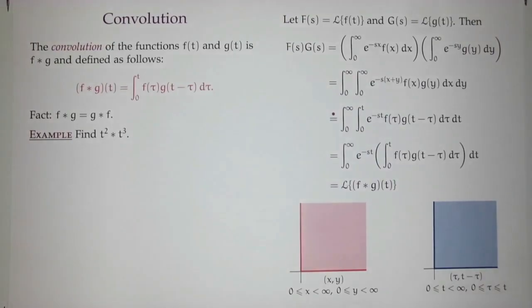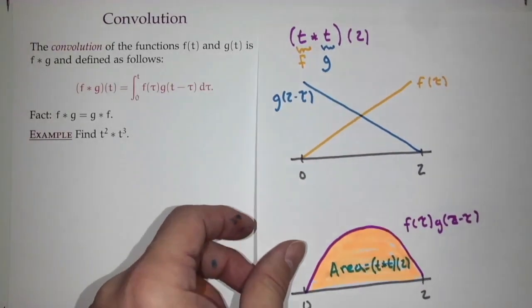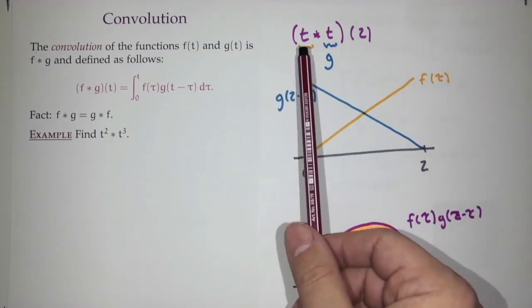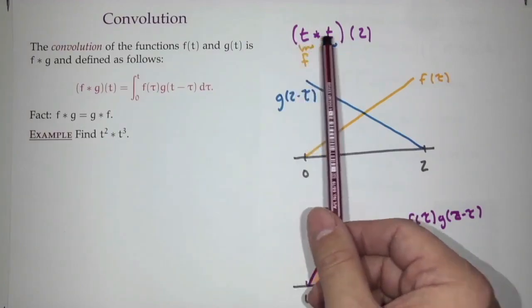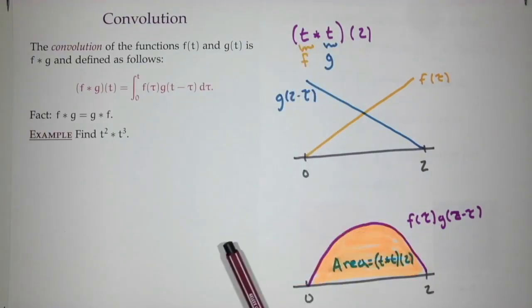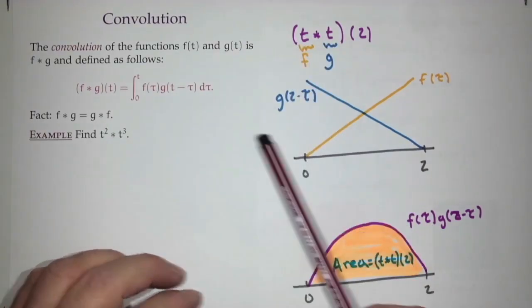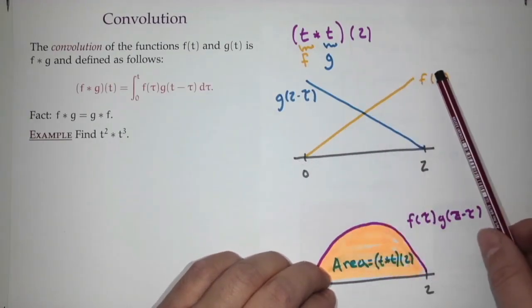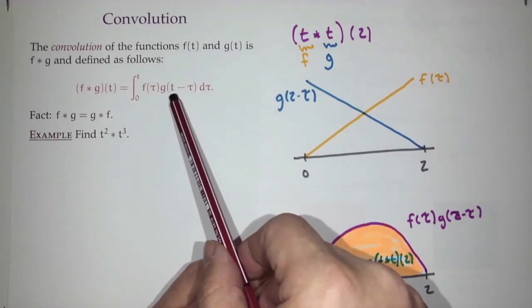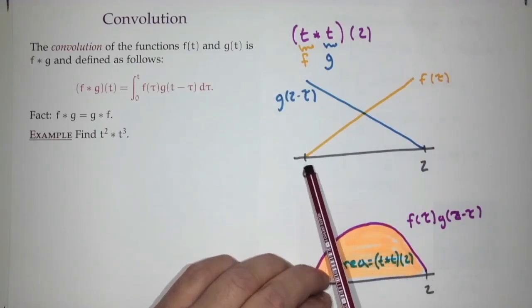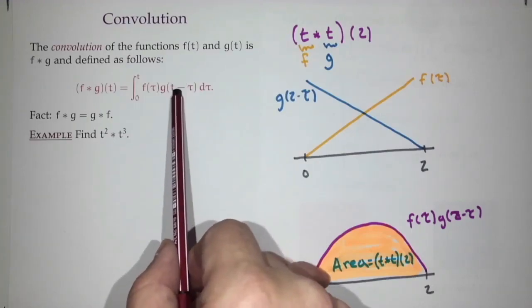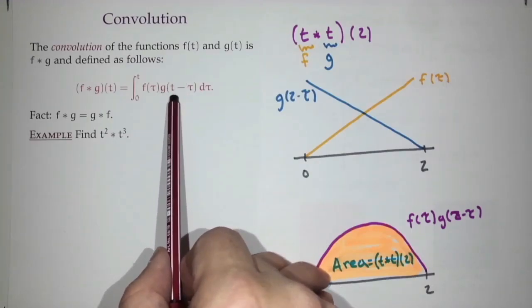Now, what's going on? This is not the best example, but unfortunately, this would be better with animation, but I can't do animation, so I can draw. Let's do a very simple example. Suppose I was doing t and t. So f and g are both t. When I think about f of tau, well, that's just a normal function t. When I think of g of t minus tau, what I've really done is run the function backwards. That's the minus tau part, and I've shifted the function over.